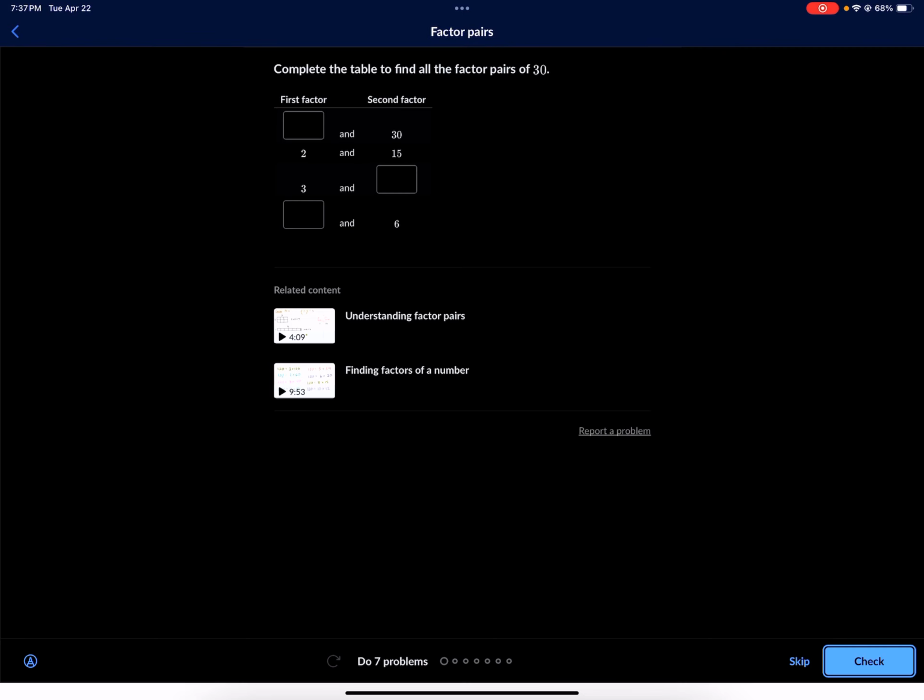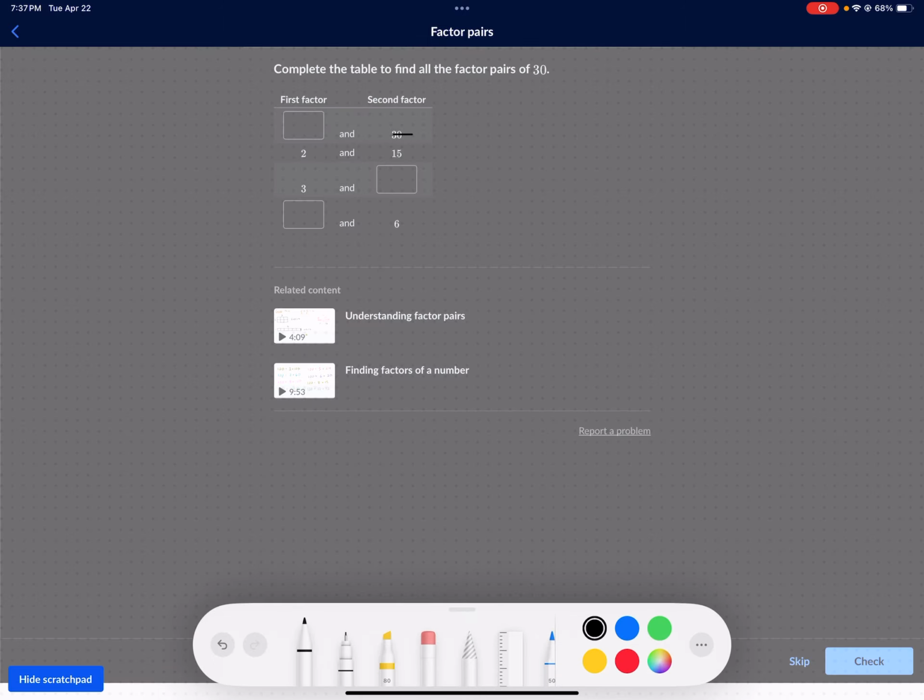So, first thing. Complete the table and find all the factor pairs of 30. So, we have to understand factor pairs. It looks like we are given that 2 and 15 are a factor pair, 3 and blank, and this and blank. What this means is that we are taking a given number, this one right here, and dividing it by itself.